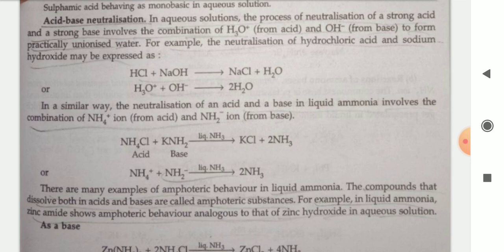In a similar way, the neutralization of an acid and a base in liquid ammonia involves the combination of NH4 positive ion from the acid and NH2 negative ion from the base. NH4Cl plus KNH2 in liquid ammonia gives KCl plus 2 molecules of ammonia. NH4 positive plus NH2 negative in presence of liquid ammonia gives 2 molecules of NH3.